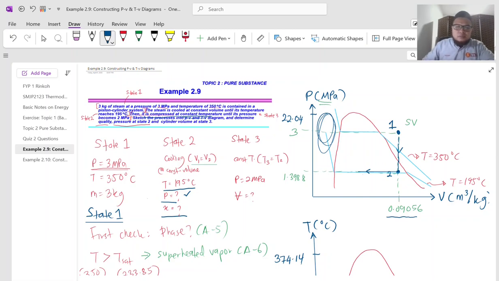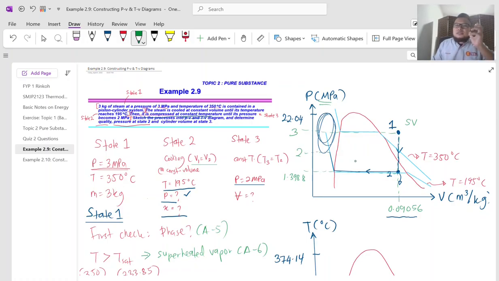Let's compare what we have at hand, 2 megapascals, with the previous state, where the pressure was 1.3988 megapascals. Now it has gone to 2 megapascals, so it has traveled along this isotherm, where the temperature is constant, and it stops somewhere there at 2 megapascals.